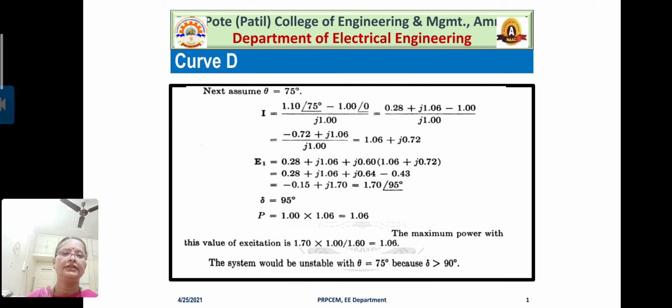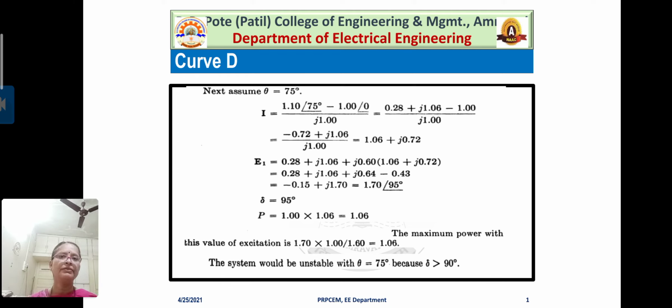It is increasing, but the system would be unstable with theta equal to 75 degrees because delta is greater than 90 degrees. The importance of the steady state stability limit is that the TSL, the transient stability limit, may be more than 90 degrees, but the steady state stability limit cannot.